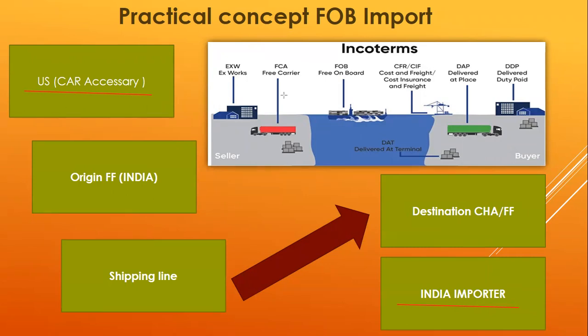Here the United States exporter is responsible to bring the goods to this seaport. All expenses from here to here will be borne by the United States exporter. He will add them in his invoice, and this invoice will be paid by the Indian importer.